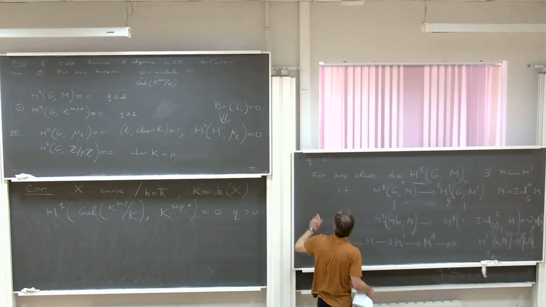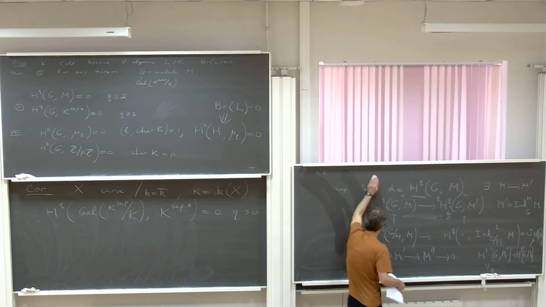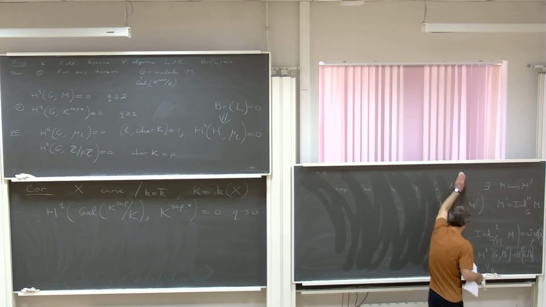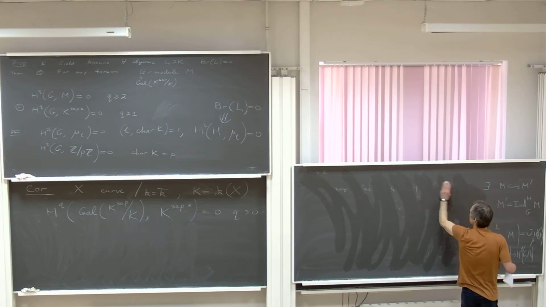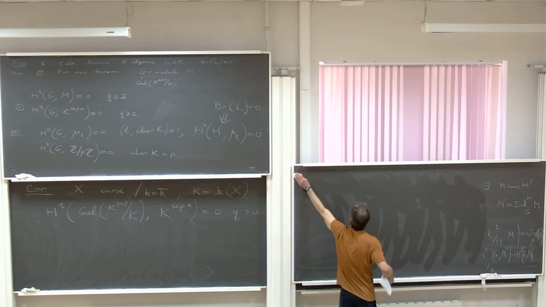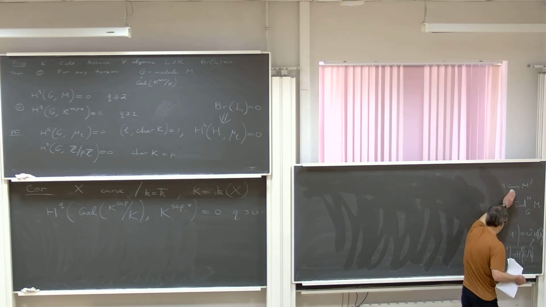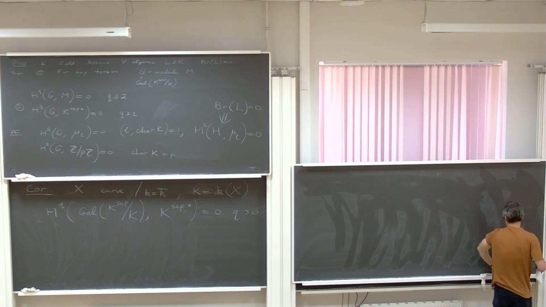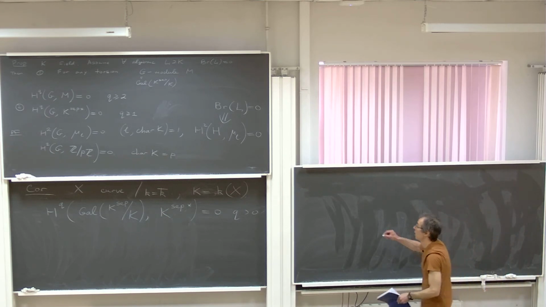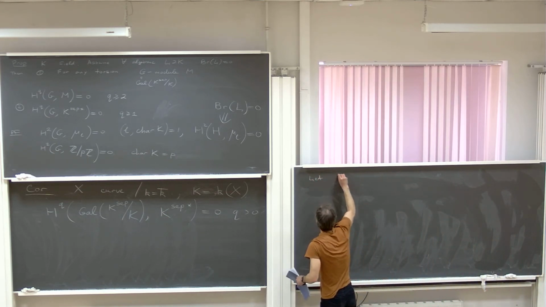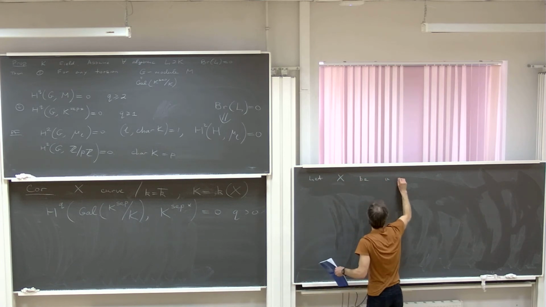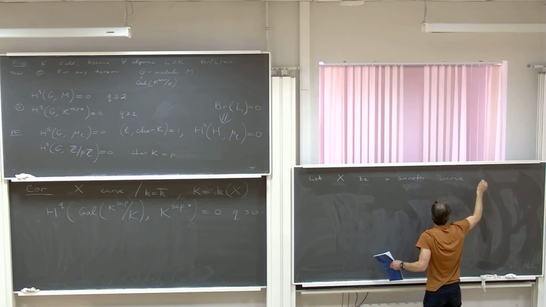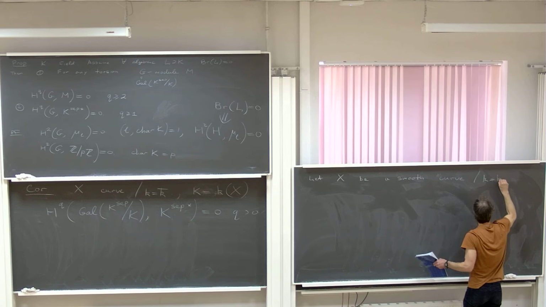Okay, and now let's use it to compute the étale homology group of curves. So now let X be a smooth curve over an algebraically closed field.